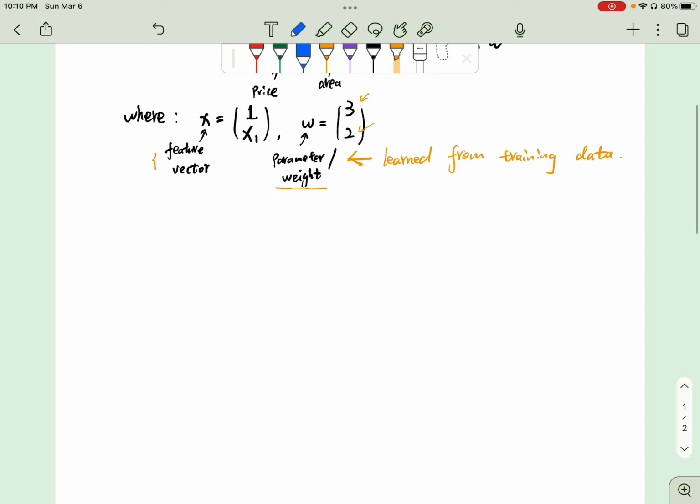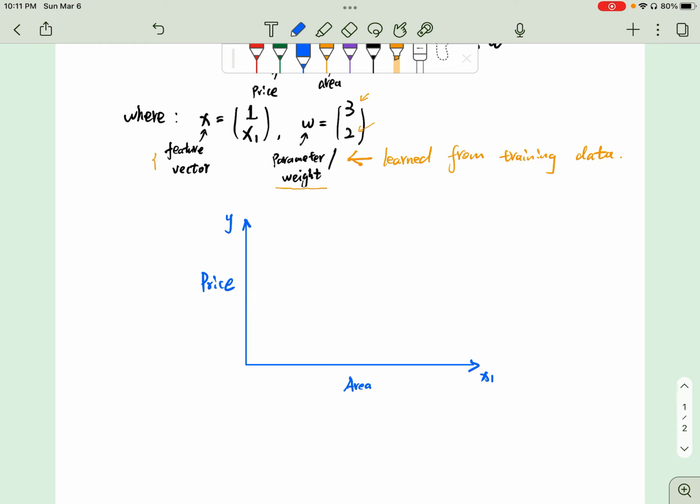So now let's try to visualize this. If I start to make some diagrams, it would make everything simpler. So here, this is x1, the area of a house. Here is y, which is nothing but the price of a house.